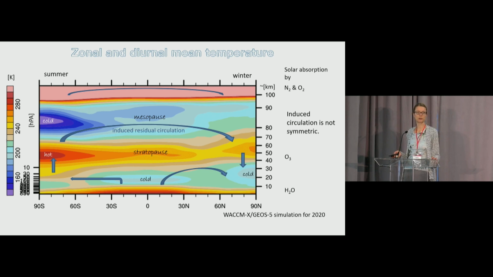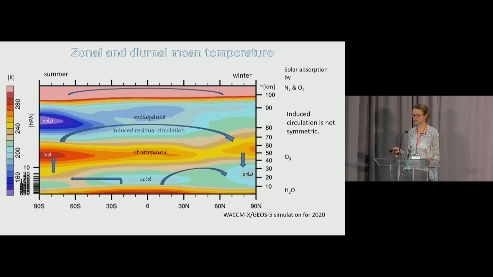With the upwelling, you get adiabatic cooling. In addition, waves are propagating up, and they are influenced by the background atmosphere. So the coldest place on Earth is the summer mesopause here. So you have the summer to winter circulation here.